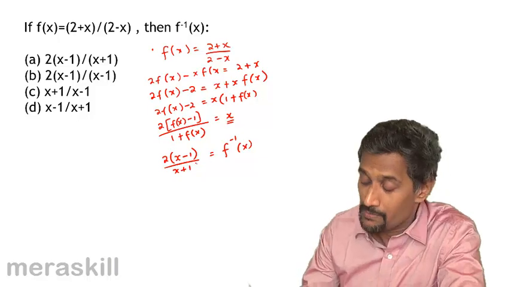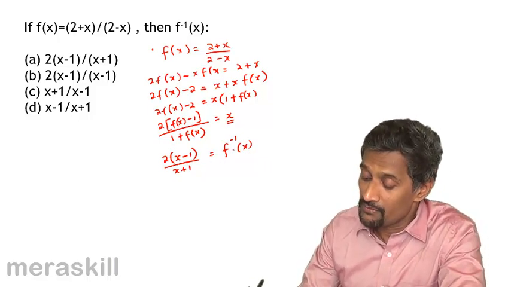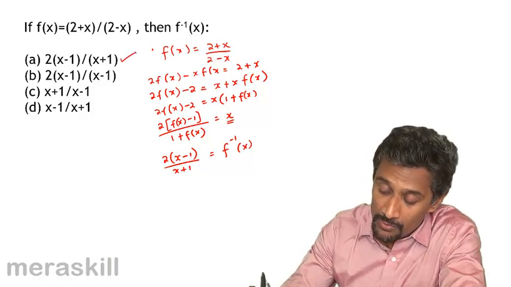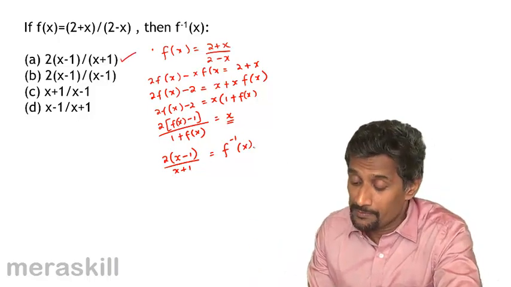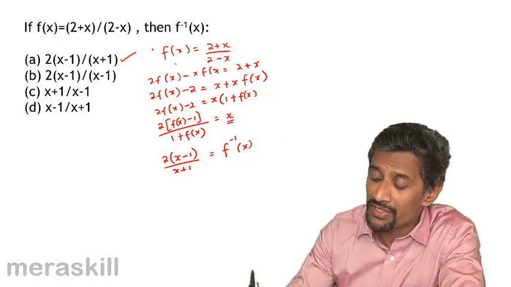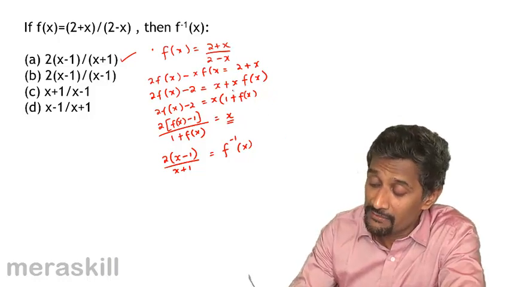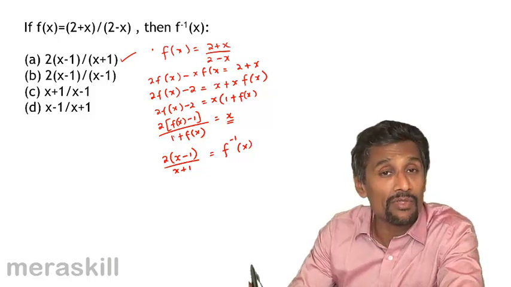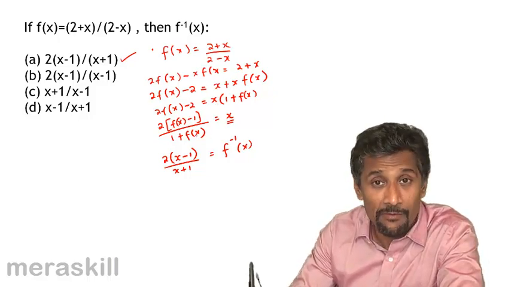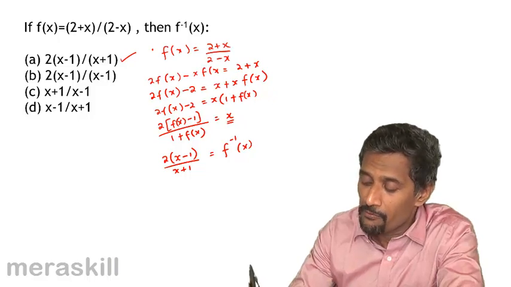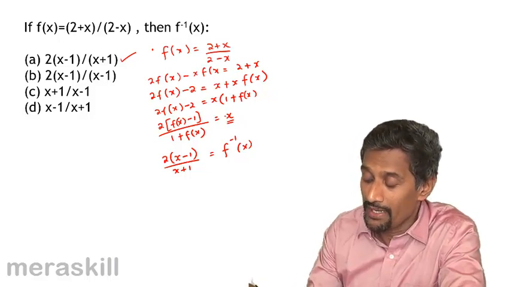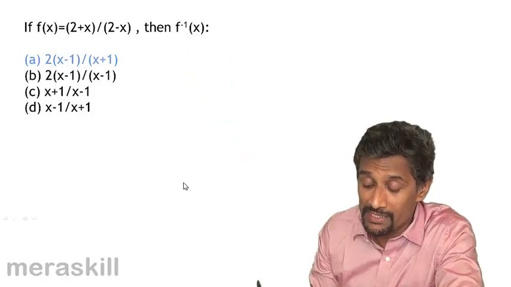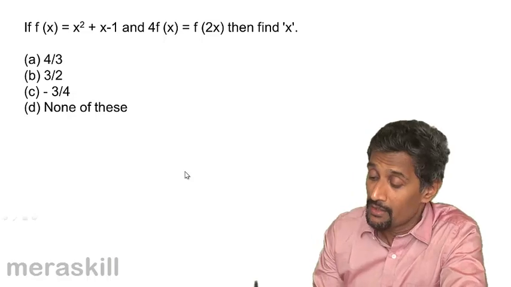So f inverse of x will be 2(x minus 1) upon (x plus 1). That is option A. So what we have done is rearranged the terms and found the value of x. So we expressed x in terms of y. y is the same as f(x). Hence, instead of f(x), you put back x, and y becomes this. And yes, we do have it as 2(x minus 1) upon (x plus 1).